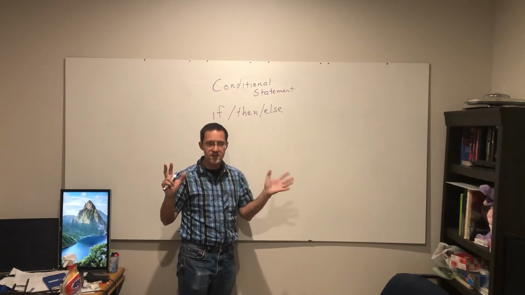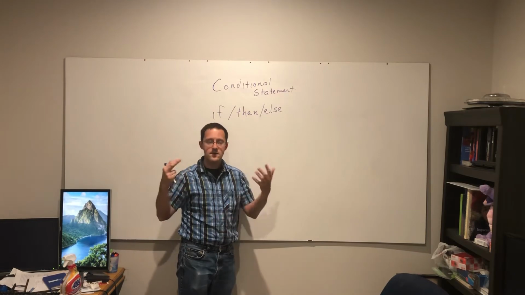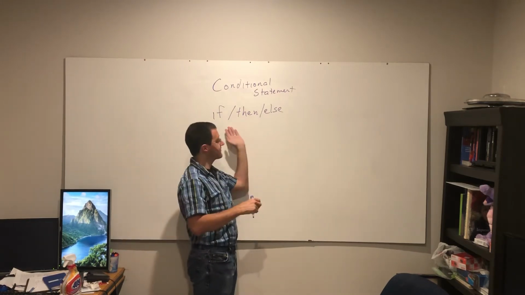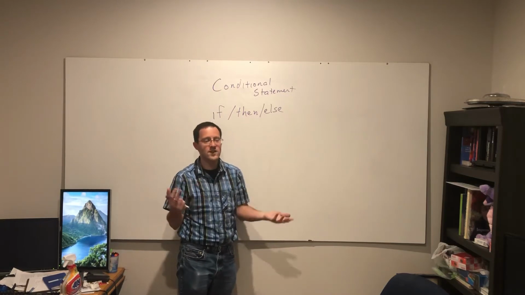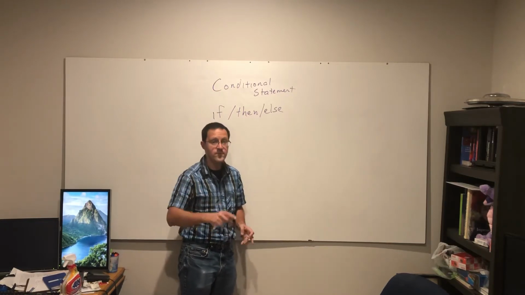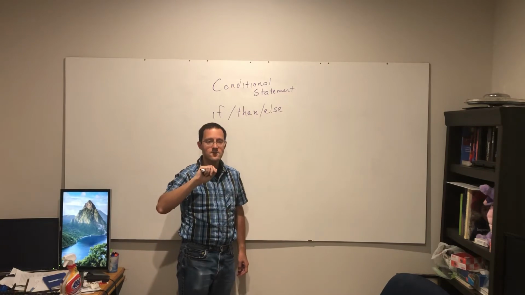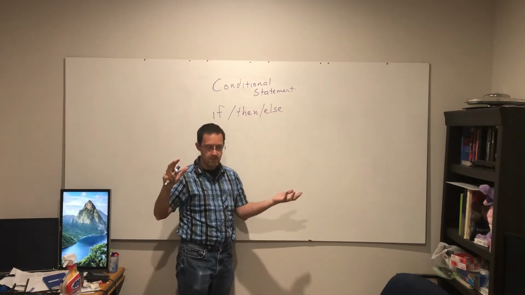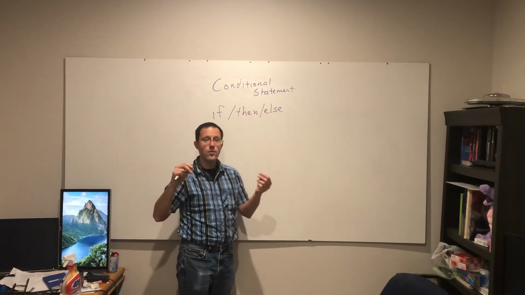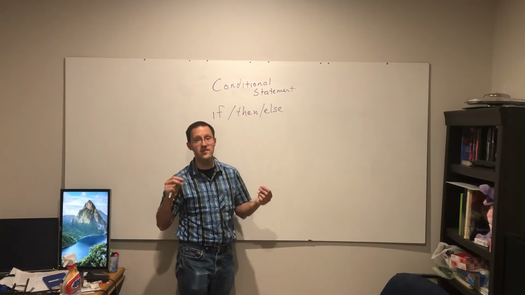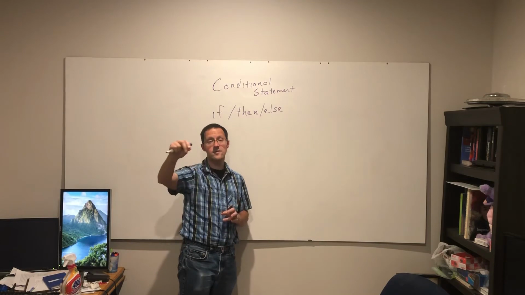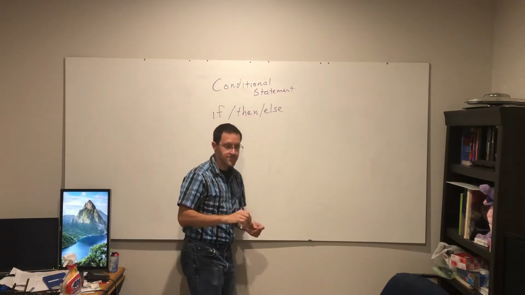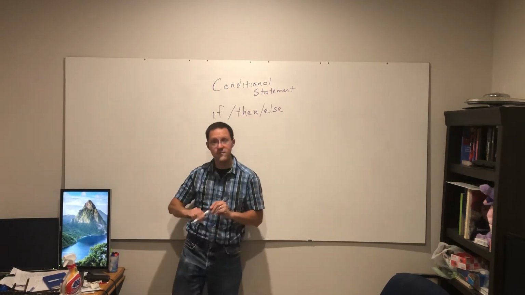So the conditional statement, just by this terminology, you can probably get a pretty good sense of what it's going to be doing, but I'll illustrate. We have situations where we will want the computer to make a decision and act based upon that decision. So I'll have a flow chart.